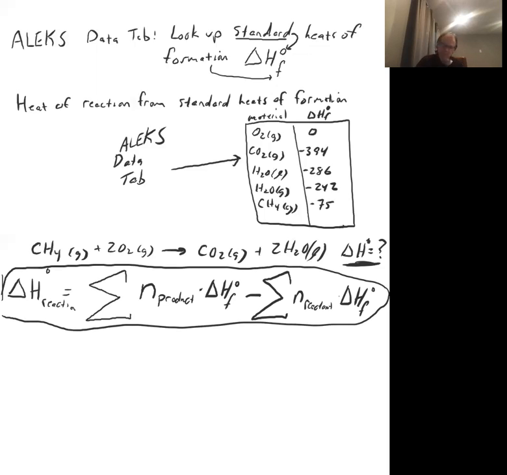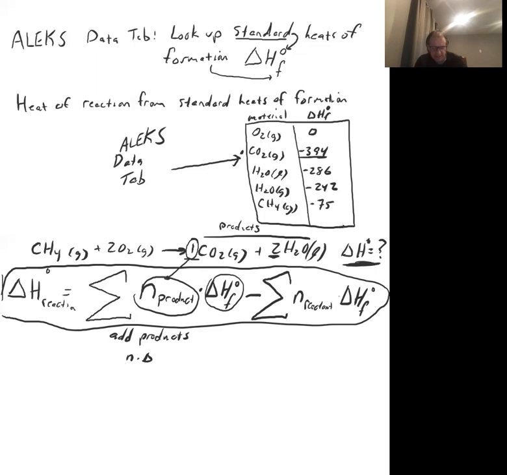Here's how you go about it. You take your balanced equation and you identify the coefficients. Here's a 1 and a 2. These are the products. So you take the coefficient, which is N product, and multiply by the heat of formation that's in the table here. There's your heat of formation for CO2. And you add up all the products.